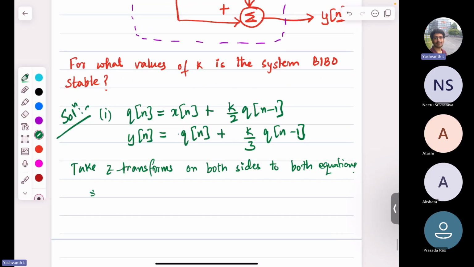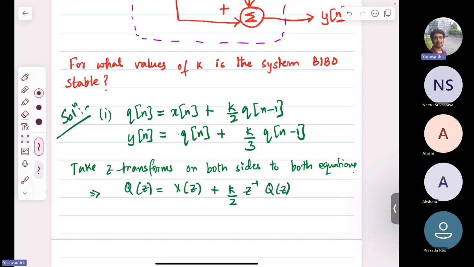So that gives you Q of z equal to x of z plus k by 2 into Q of n minus 1 will be z inverse of Q of z, and y of z equal to Q of z plus k by 3 times z inverse of Q of z.